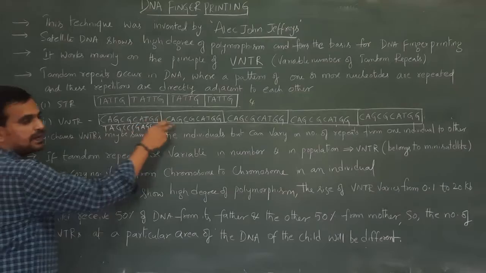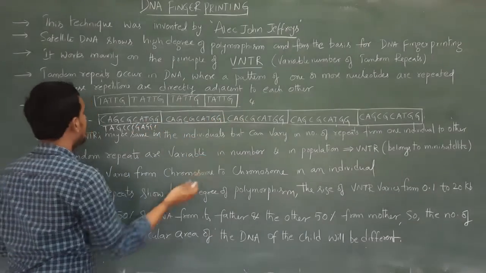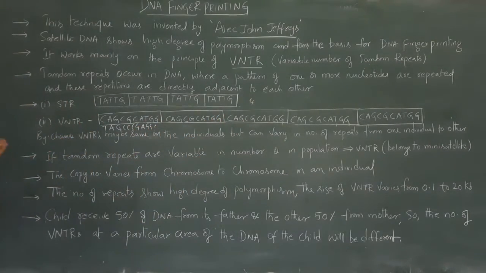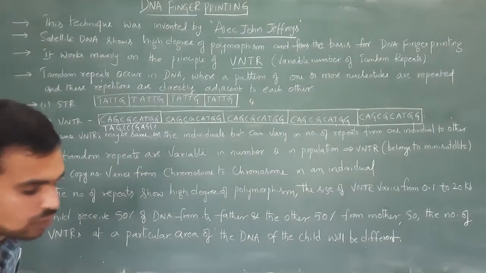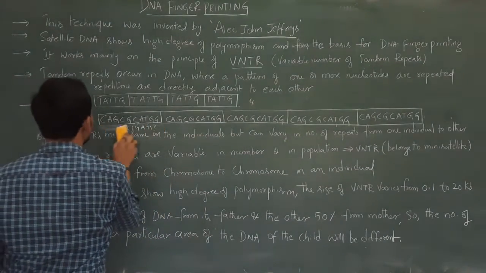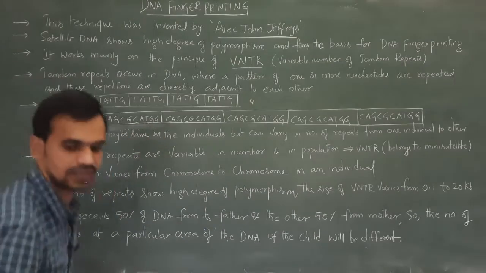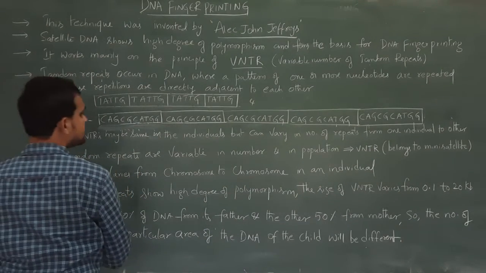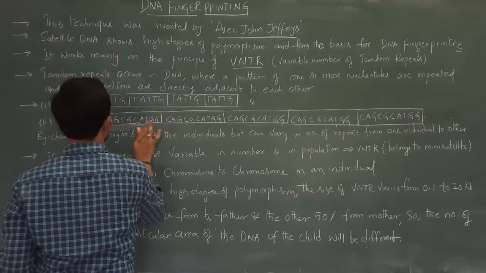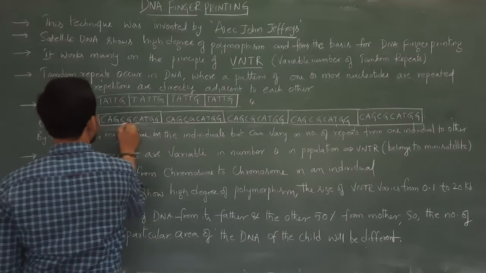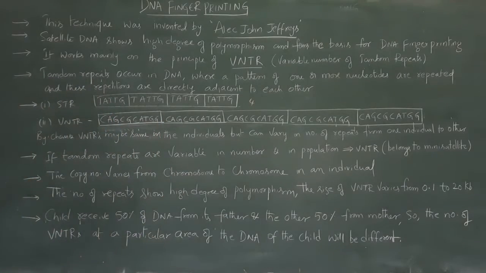If that sequence is repeated again and again, then it is called VNTR, variable number of tandem repeat. It differs from person to person. So if tandem repeats are variable in number, then it is called variable number of tandem repeat.